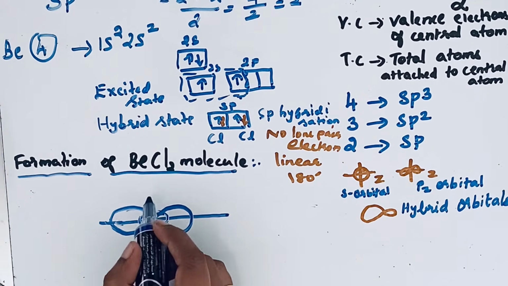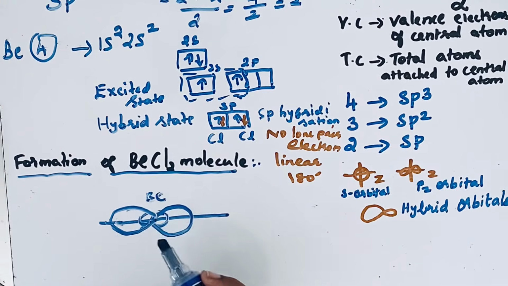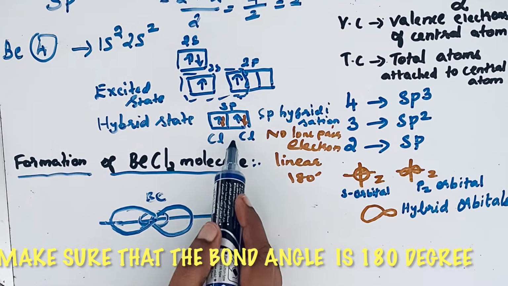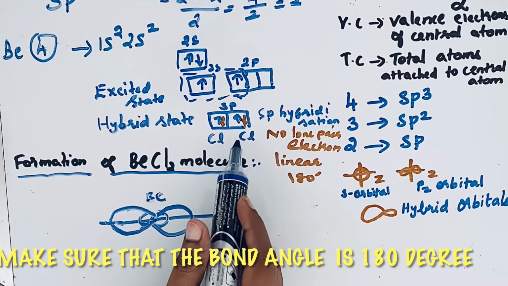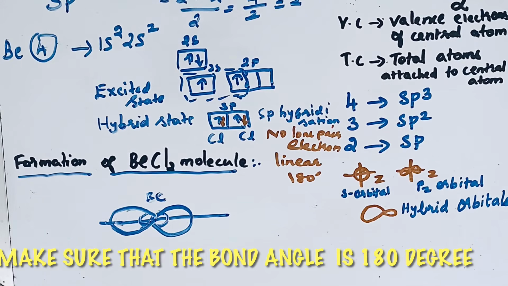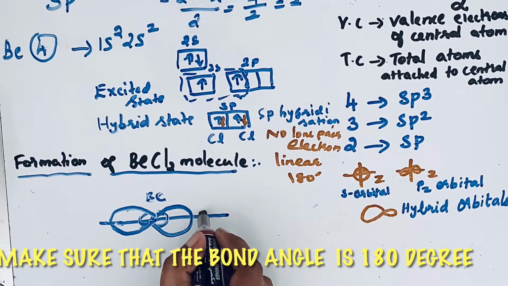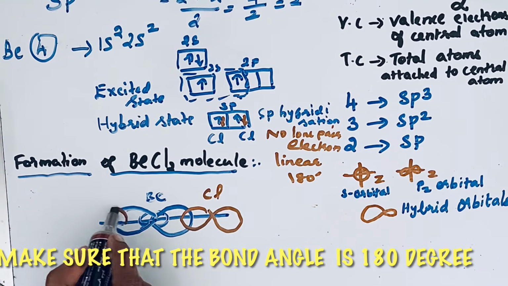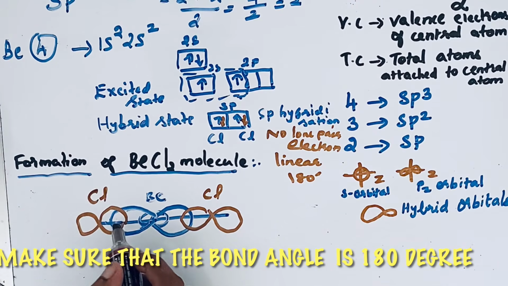So this belongs to the Be atom. These hybrid orbitals receive one electron from the p orbital of the chlorine atom. So for chlorine, we draw the p orbitals. This is for chlorine. Same way here also, one p orbital of chlorine.